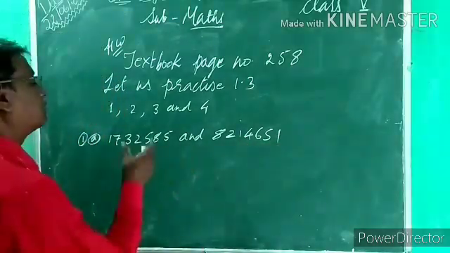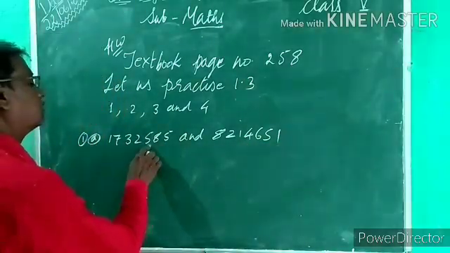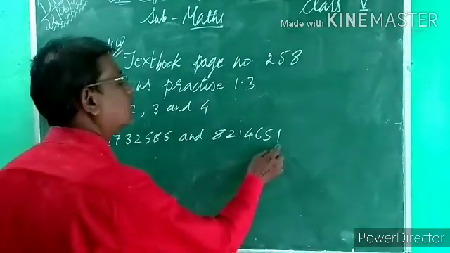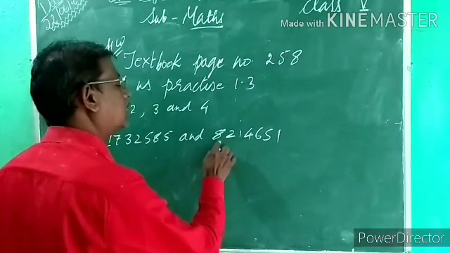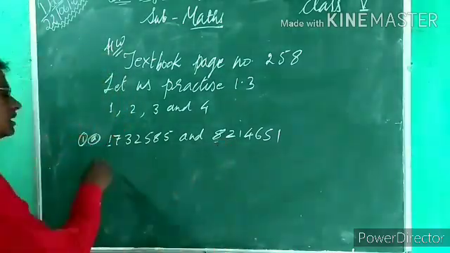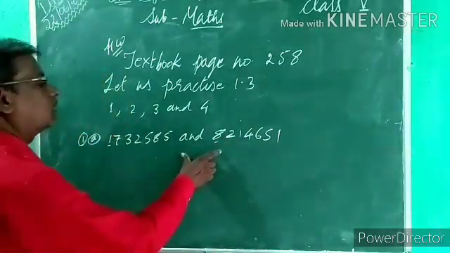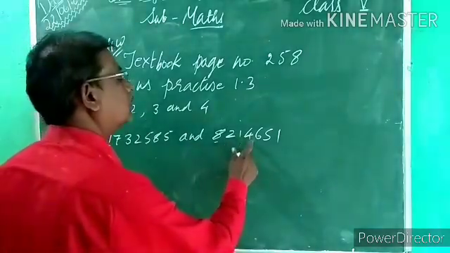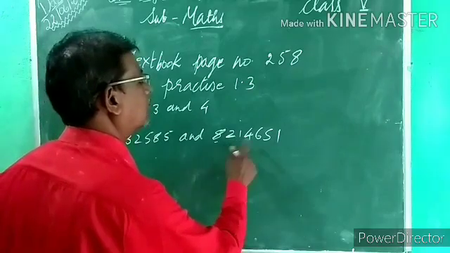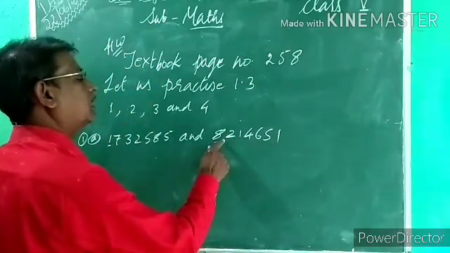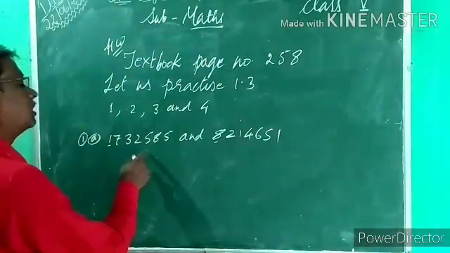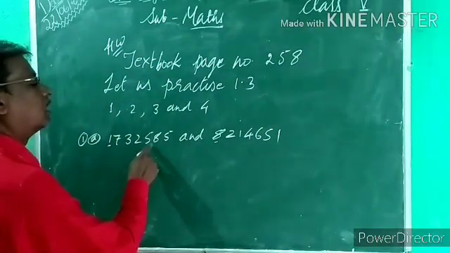Now how to compare which number is greater? Now look, 1, 10, 100, 1000, 10,000, lakh, 10 lakh. In the 10 lakh place, what is given? 1. And here 8. Now is 8 greater or 1 greater among these 2 numbers? 8, isn't it? So 82 lakh 14,651 is greater than 17 lakh 32,585.